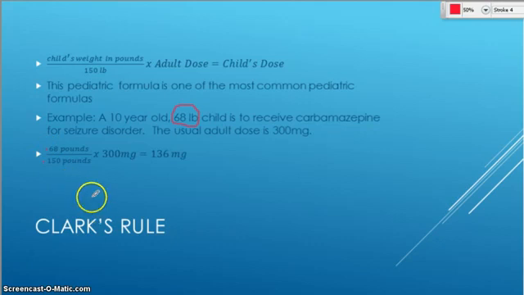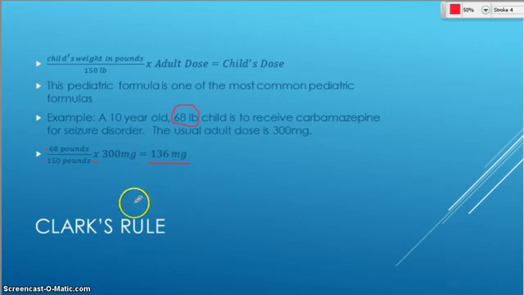Now, when you get ready to put this in your calculator, do this fraction first. So take 68 divided by 150 and hit your equals button before you multiply. And then we're going to multiply by 300 because that is the adult dose. When you put that in your calculator, we rounded this one to the nearest whole number, and we got 136 milligrams.